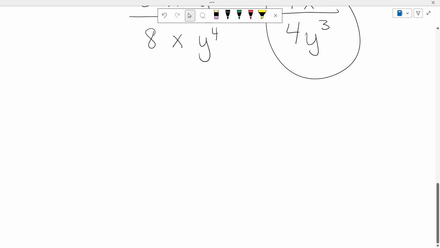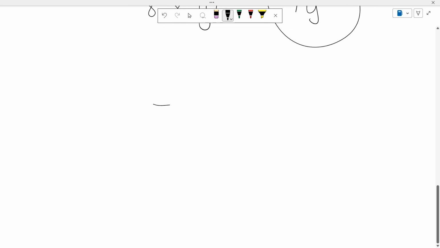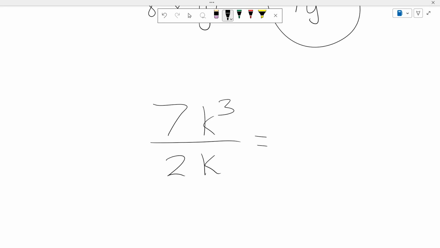We're going to go back a little bit. All right, let's do this one. How do I reduce 7 halves?